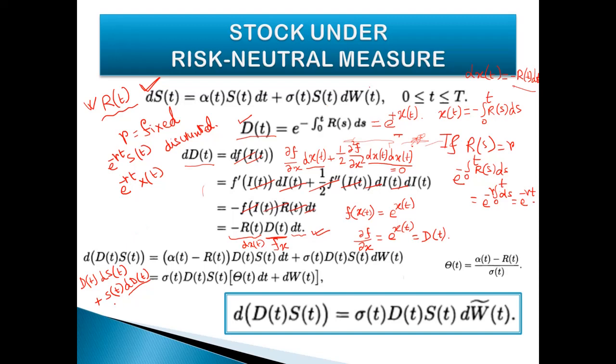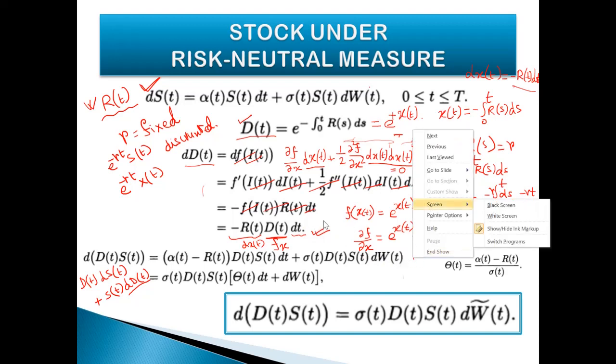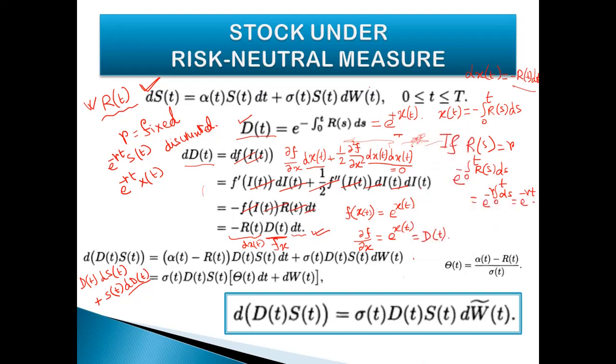Then the next term is S_t dD_t, so S_t multiplied by minus r_t D_t dt. Clear? So you simplify and you will get this. Until here should be very easy.